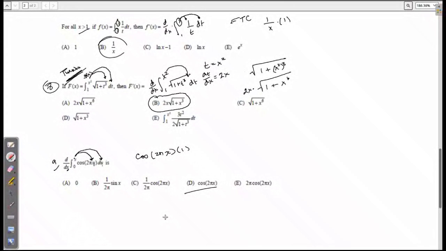These are wonderful examples of applying the fundamental theorem of calculus. The idea that if I take the derivative of an antiderivative from any constant to an x of f evaluated at some separate independent variable, I end up with just f of x.